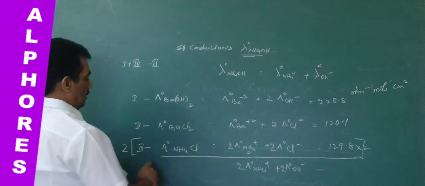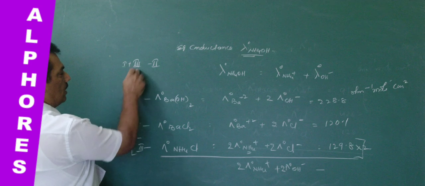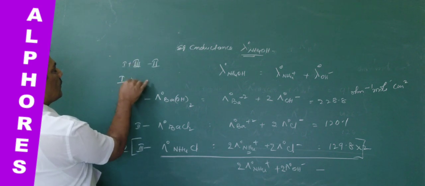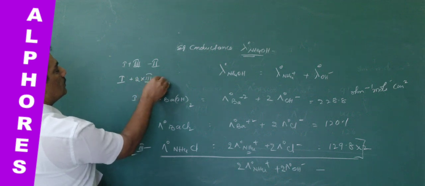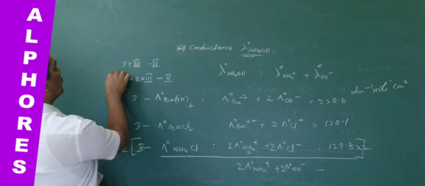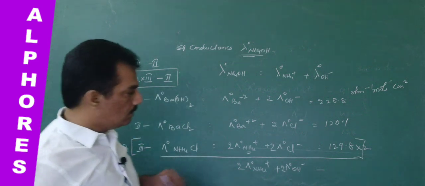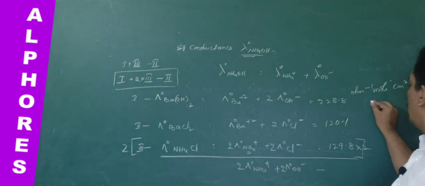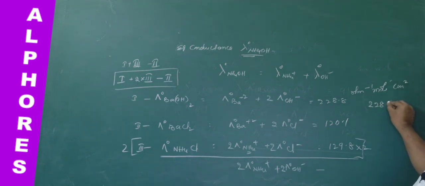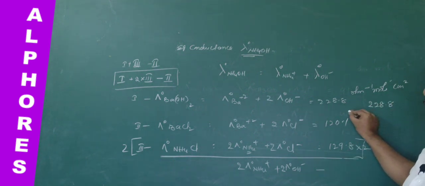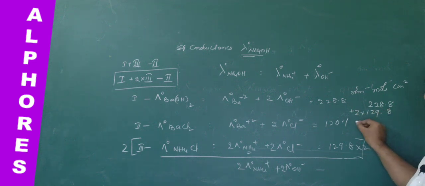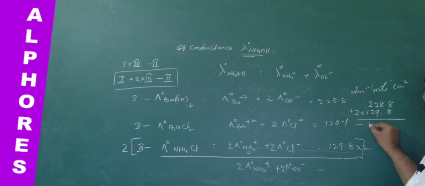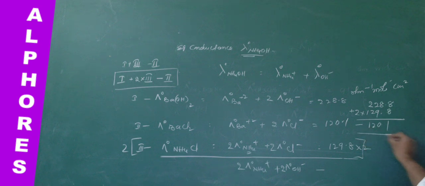That means we have to take 1 plus 2 into 3, then subtract altogether. Let me give that. Here it is nothing but 228.8 plus 2 into 129.8 minus 120.1, whatever value you are getting.